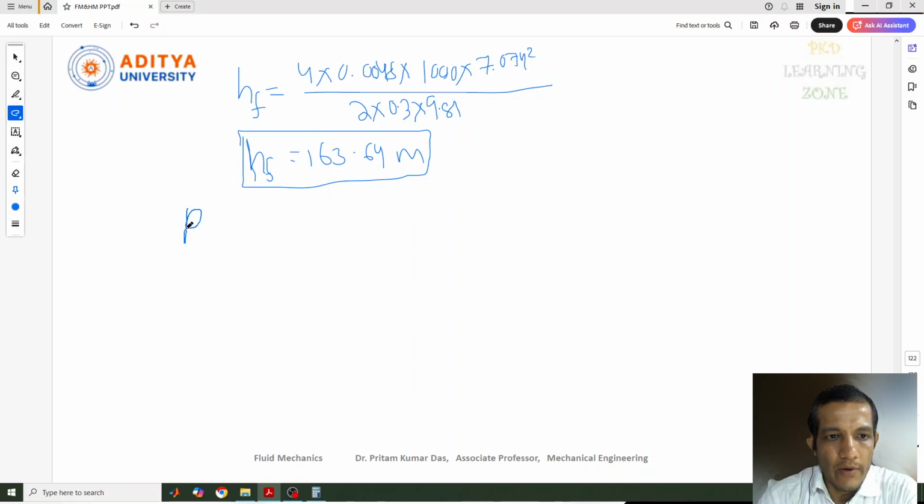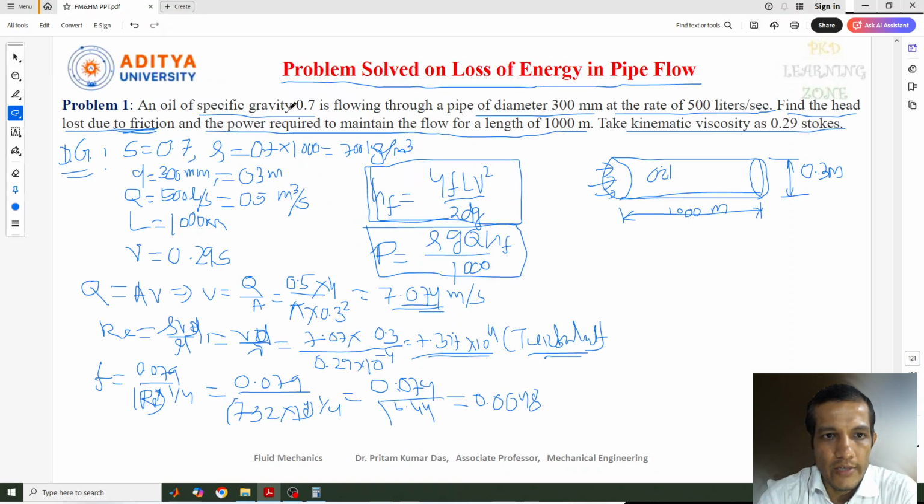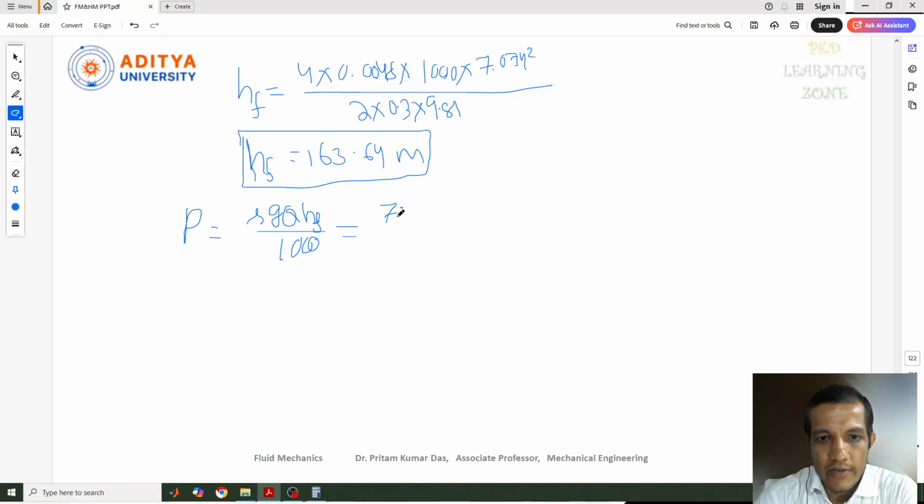Now we can find out the power value, because we have everything now. This is rho g Q HF divided by 1000. Here all the values we know. For rho, we need to consider the density of the oil flowing through the pipe. So this is 700 into 9.81, and the Q value is already given here as 0.5, and HF equals 163.64, the whole divided by 1000.